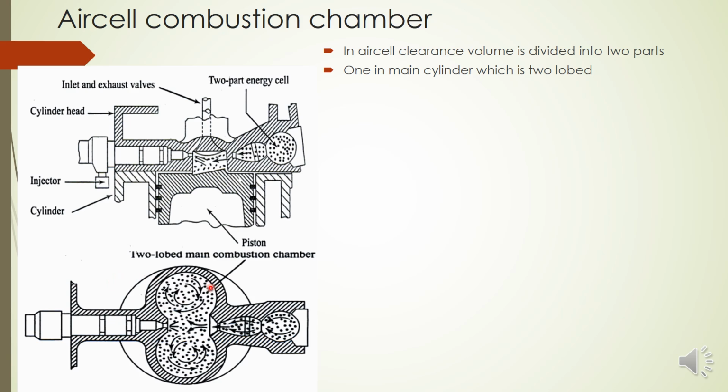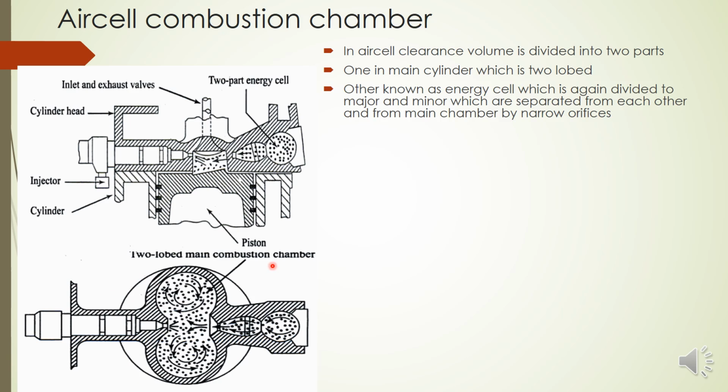Here you can see it is two-lobed. The other one is known as the energy cell, which is again divided into two parts, a major cell and a minor cell, and they are separated from each other as well as from the main chamber through a narrow orifice. Several narrow holes are there between the main combustion chamber and the minor cell, as well as between the major and minor cells. All these are connected through narrow orifices.